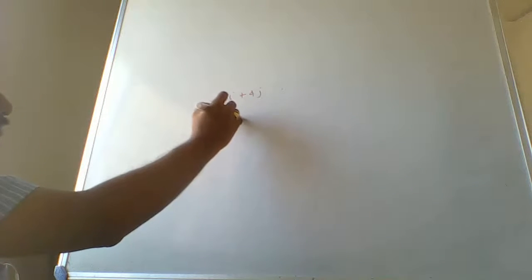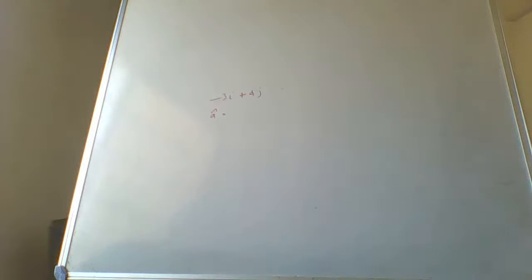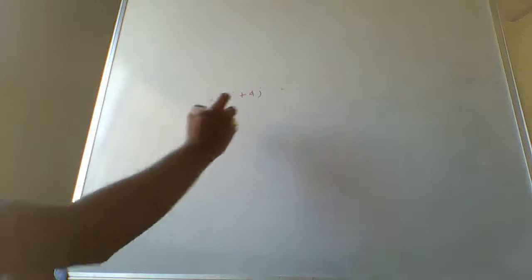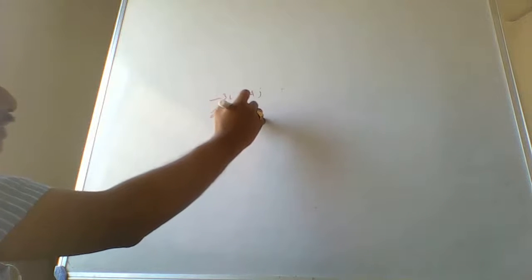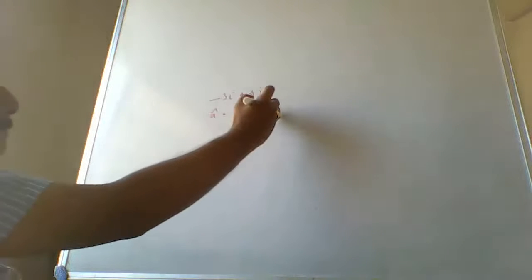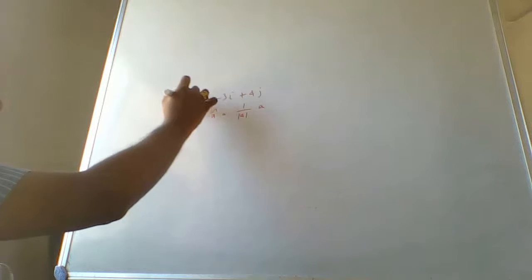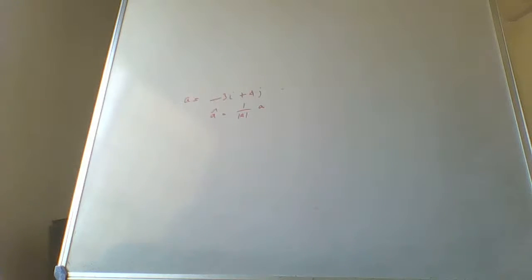Let us find the unit vector for this, which is parallel to this vector. So we have a cap, which is represented as a unit vector, which is 1 divided by mod a, times a. If I represent this as a.